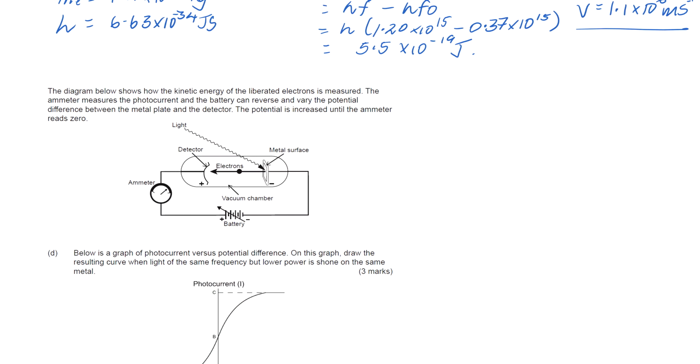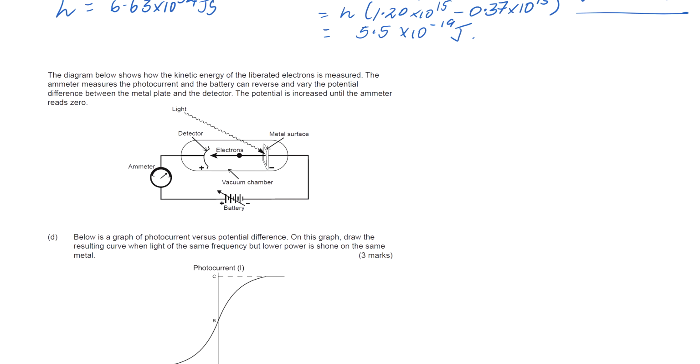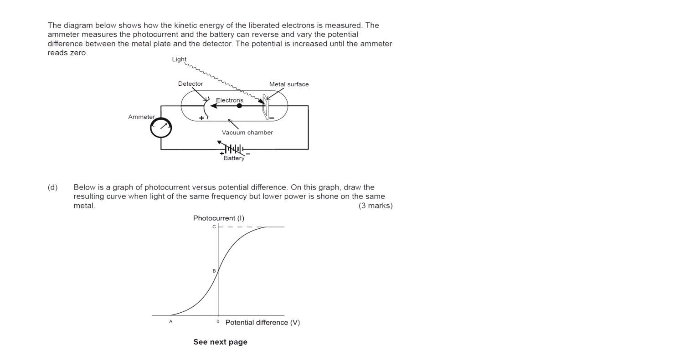Okay, next it says the diagram below shows how the kinetic energy of the liberated electrons is measured. The ammeter measures the photocurrent, and the battery can reverse and vary the potential difference between the metal plate and the detector. The potential is increased until the ammeter reads 0. So this is the exact setup that I addressed in my last video, so you might need to go back to that to have a little bit of revision.